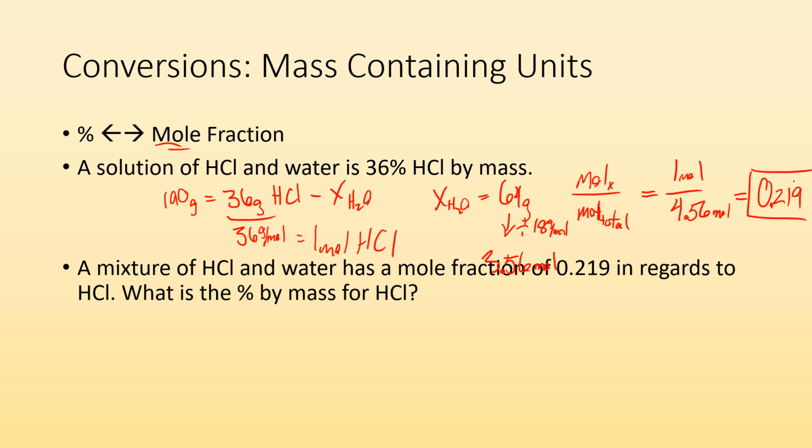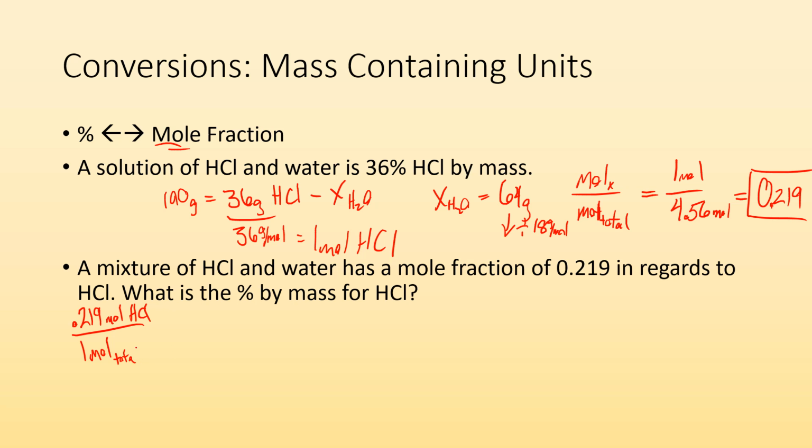Now, if I want to go in the other direction, say we have a solution where the mole fraction is 0.219 for HCl. What is the percent mass for HCl? Well, again, assume 1 mole total in this. So I have 0.219 moles of HCl divided by 1 mole total.